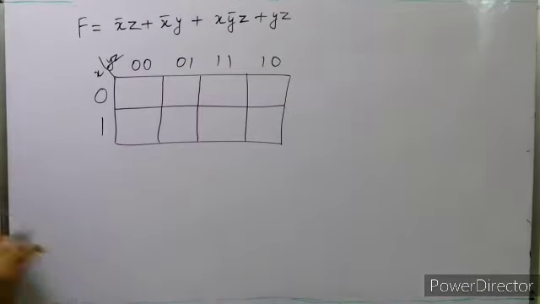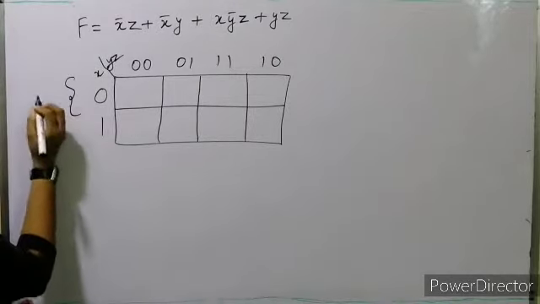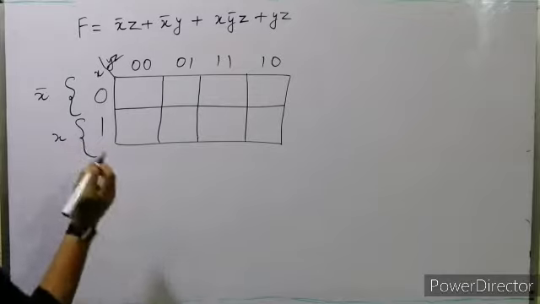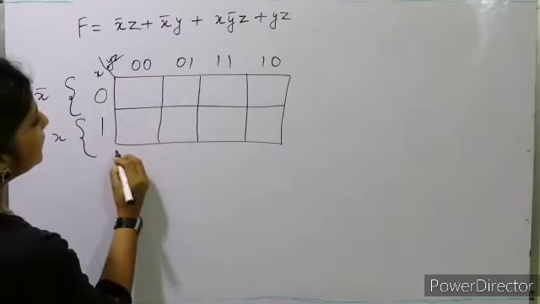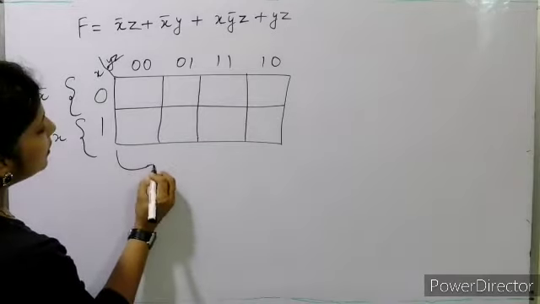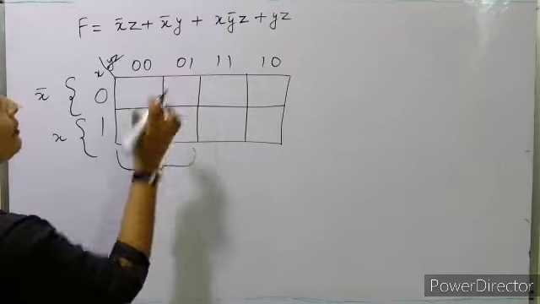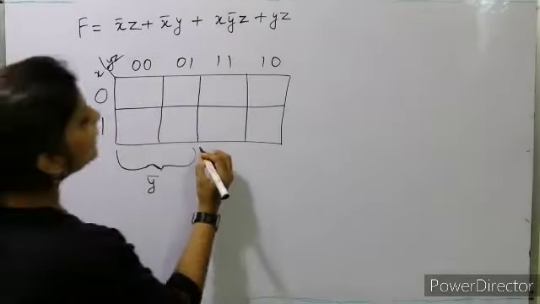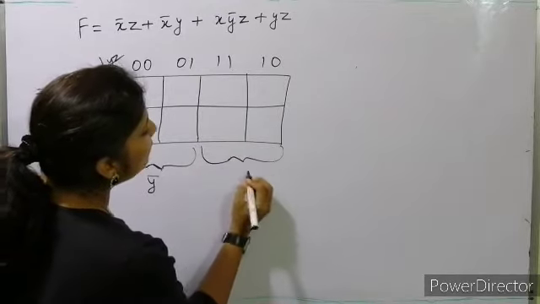ठीक है? Now what we have to do, first of all, this part is x bar and ये part is x. ठीक है? Similarly, ये जो 2 part हैं, these two, इन दोनों में y bar is common, so ये y bar के लिए है part, and ये y के लिए.